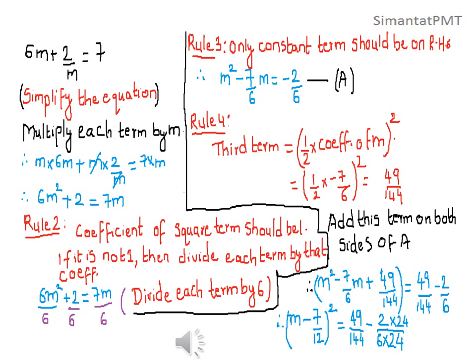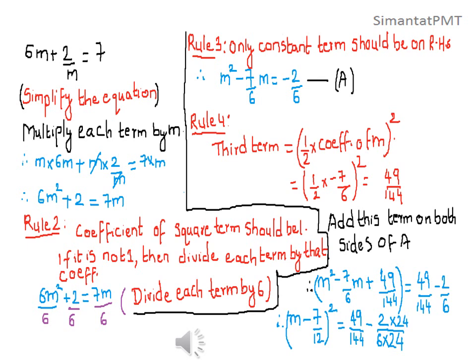Now this term needs to be added on both sides of A. When we do that, we get m square minus 7m upon 6 plus 49 upon 144 equal to 49 upon 144 minus 2 upon 6.